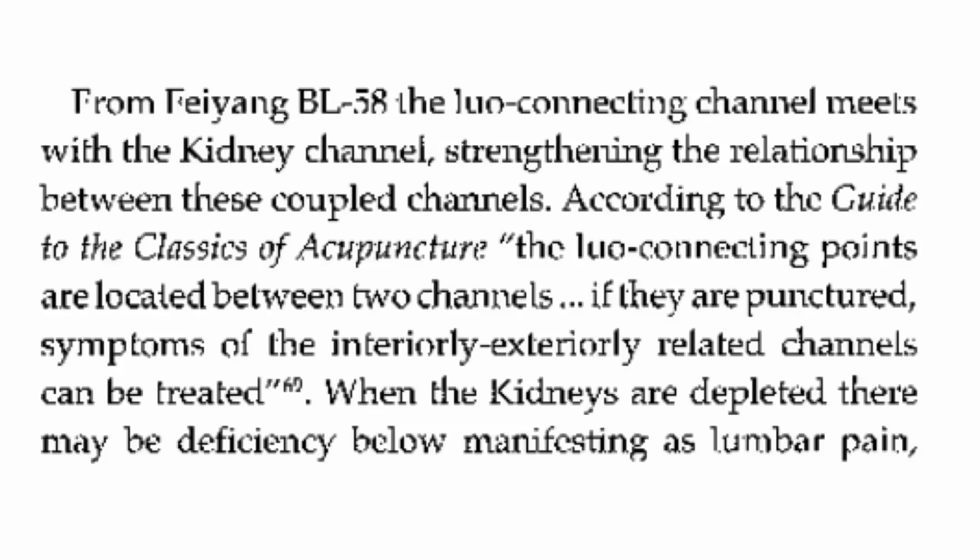From bladder 58, the low connecting channel meets with the kidney channel, strengthening the relationship between the coupled channels. According to the Guide to the Classics of Acupuncture, the low connecting points are located between two channels. If they are punctured, symptoms of the interiorly-exteriorly related channels can be treated.